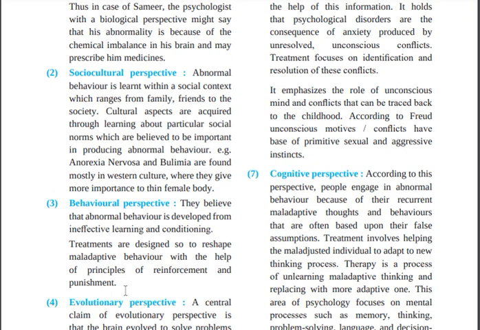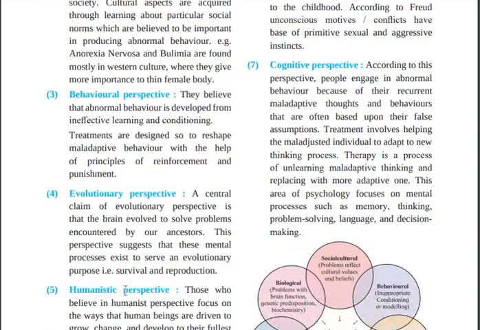So the first perspective is biological, the second is sociological, and the third is the behavioral perspective. They believe that abnormal behavior is developed from ineffective learning and conditioning. Psychologists believe that a person is not behaving properly in society because that person has not learned in an effective way. The conditioning doesn't happen properly.